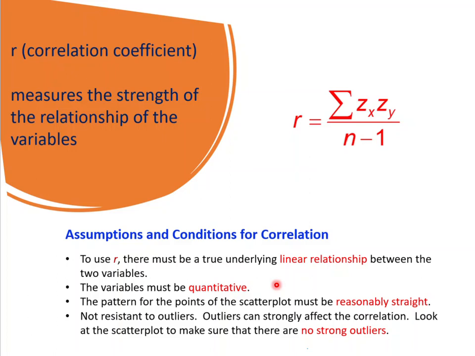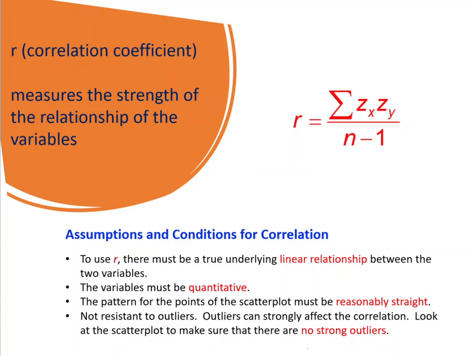Also, we want to make sure that the scatter plot we're looking at is reasonably straight, so again, linear in its relationship. And then finally, we need to understand that any outliers on the scatter plot could affect the value of my correlation coefficient.